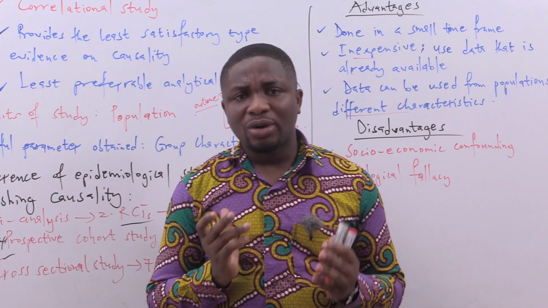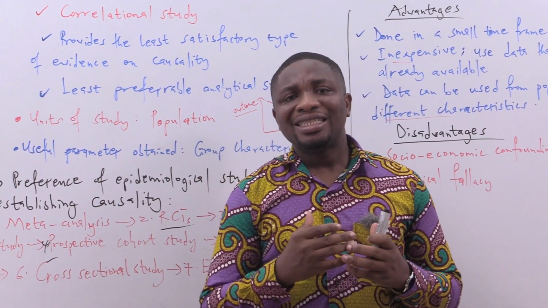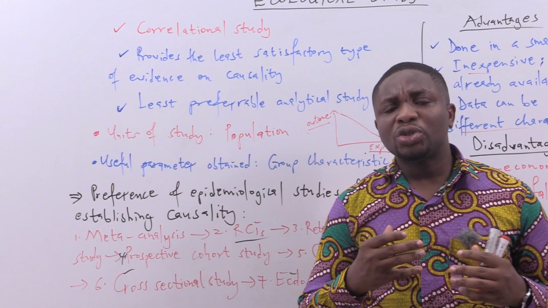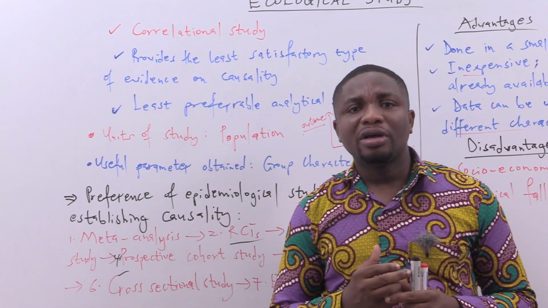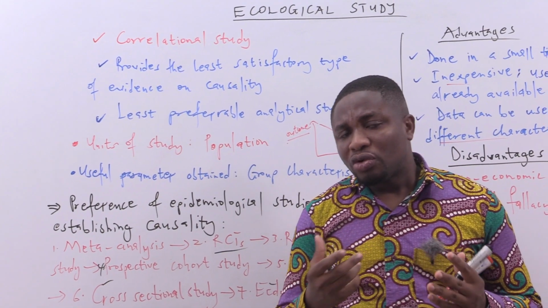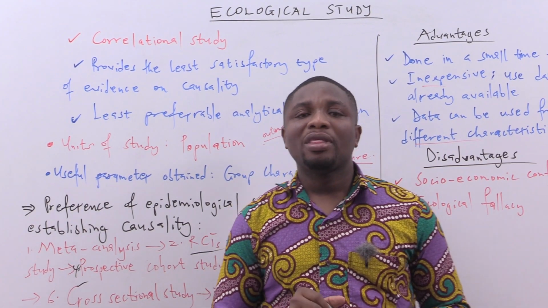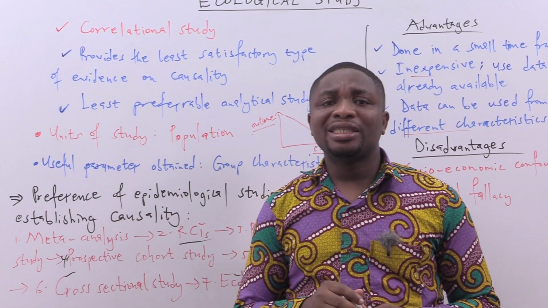A wrap-up of ecological study. Again, we said that ecological study is an analytical, observational, epidemiological study that is used to establish the relationship between exposure and outcome. It's used to find association between exposure and outcome. Because of that, it is also referred to as the correlational study.